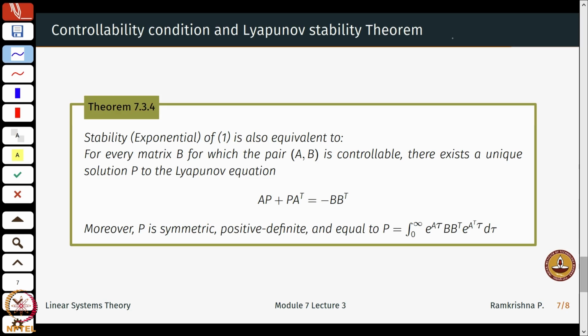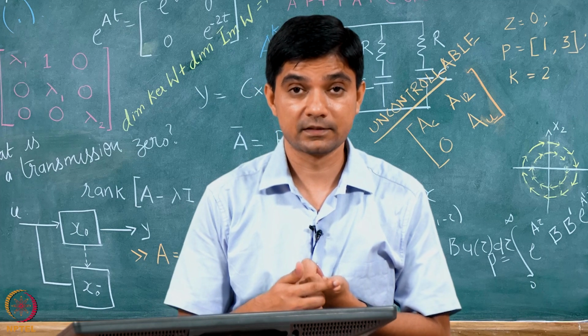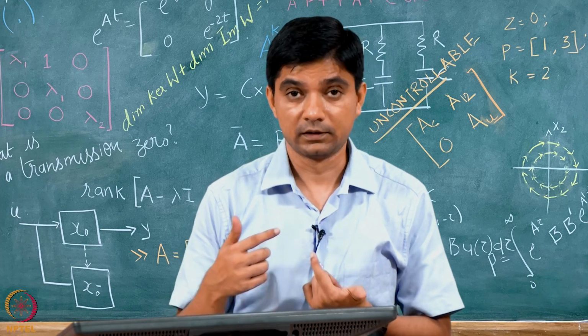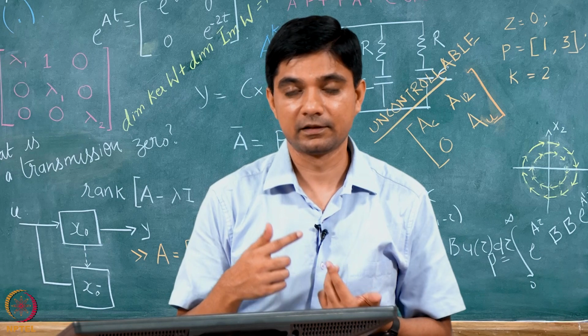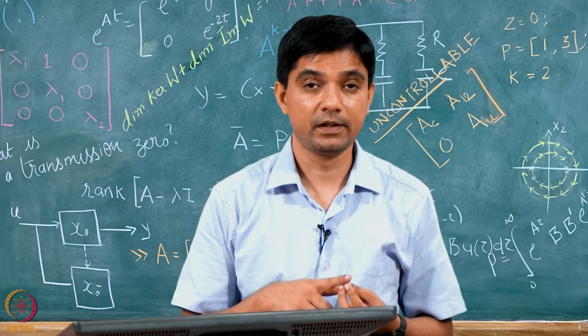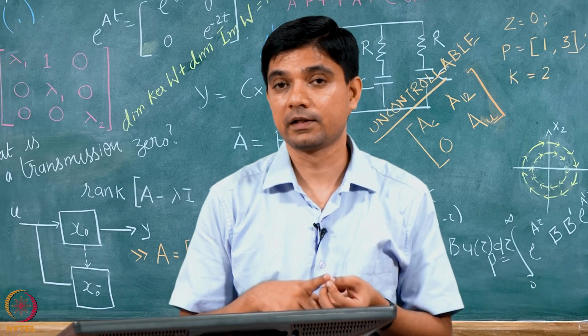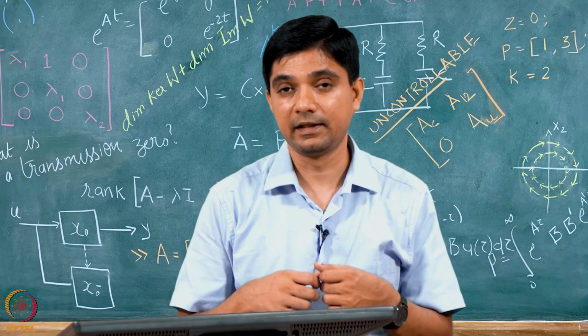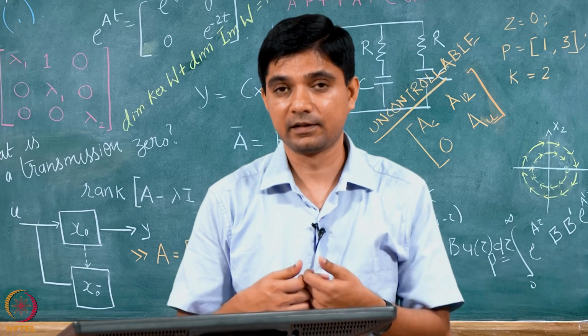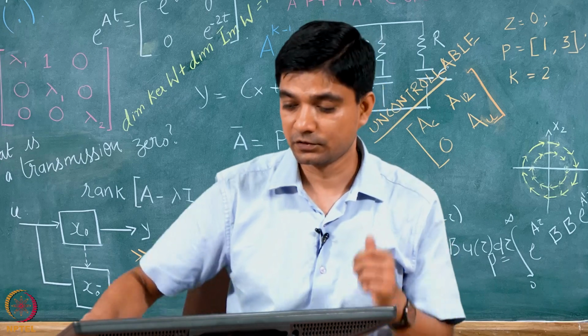So, the last result of today, we'll quickly wind up with the proof. We had earlier 5 conditions of stability. It started first with the eigenvalues being strictly less than 0. This was equal to asymptotic stability. This is also equal to exponential stability. Then we had 2 equivalent conditions to prove that for any positive matrix Q, there existed a solution to this expression.